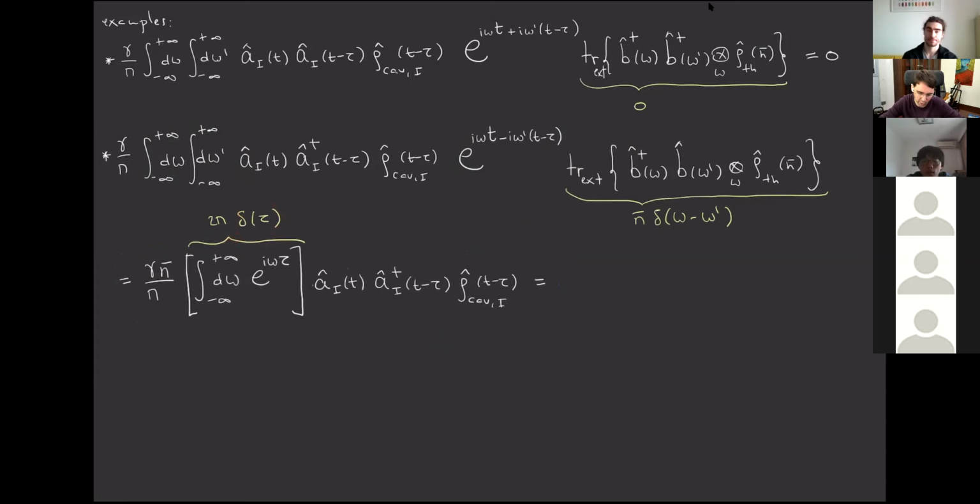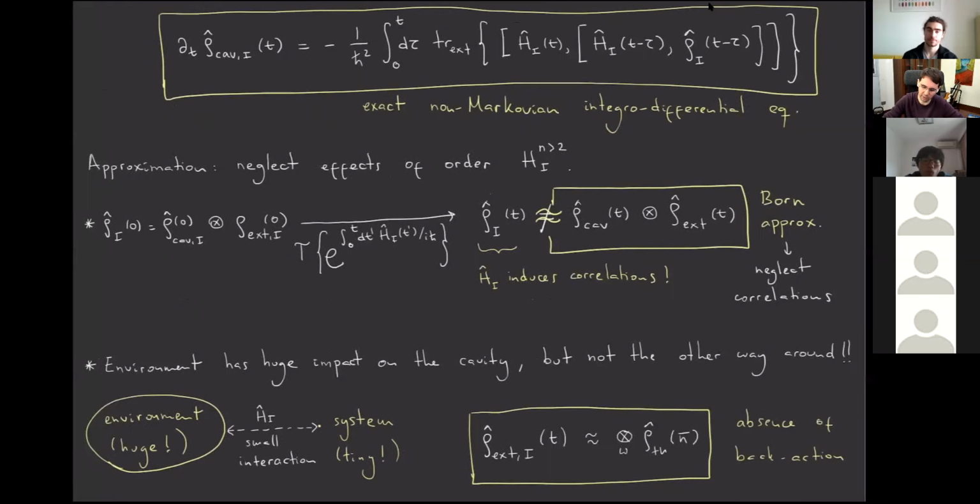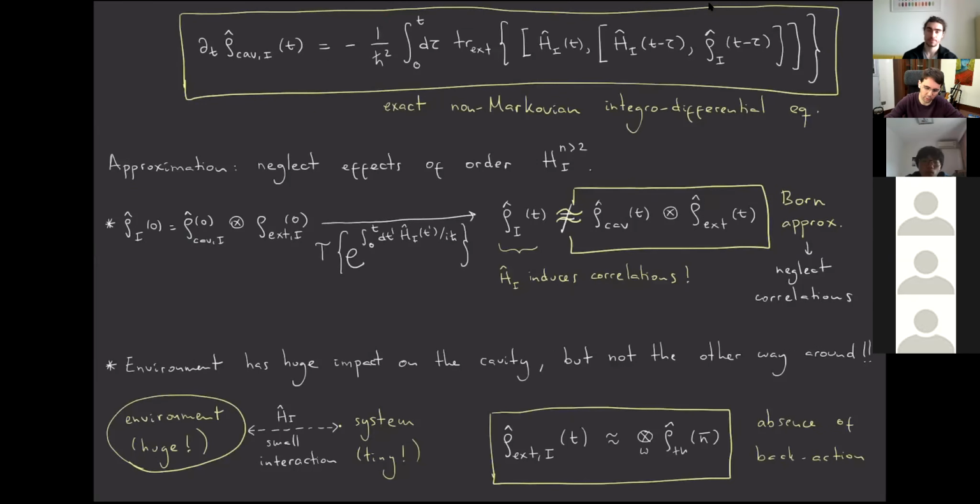So now we get a delta tau, and when we come back to the original expression, we have the integration from 0 to t of this delta tau, which means that tau is equal to 0. It removes the integration and tells you that you only care about the state at time t. You see that, Sijan? So that appears very naturally just from these two approximations. And you can trace it back even to before.